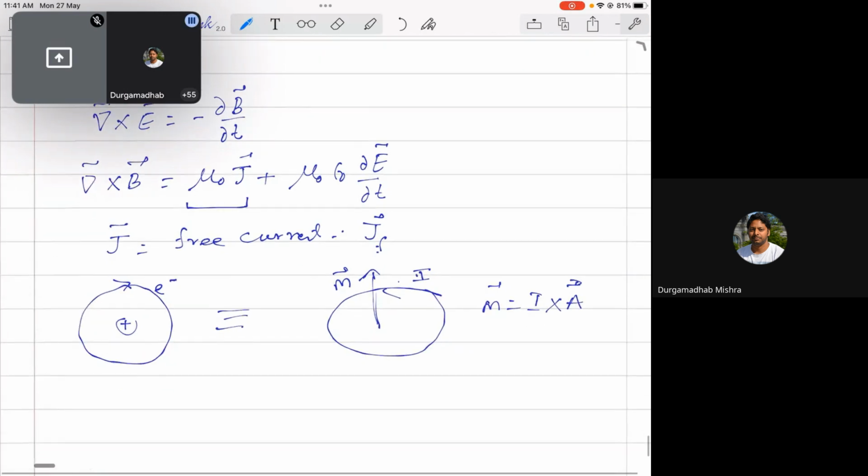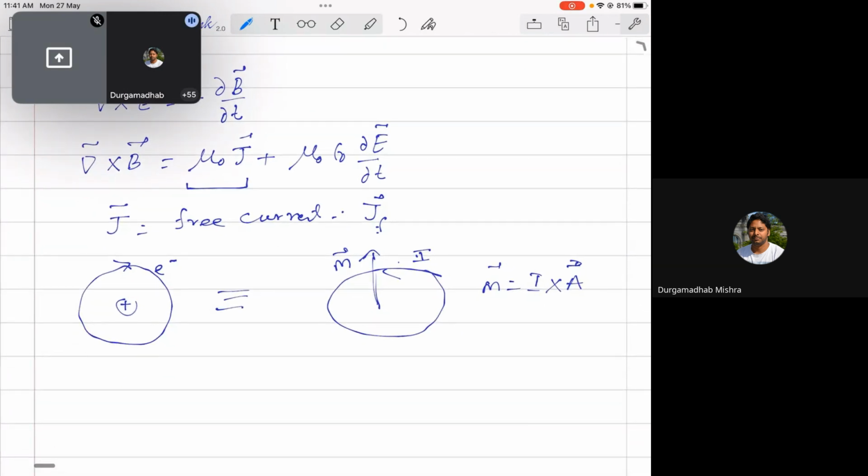Okay, so there are three types of current due to your magnetic field B and electric field E. So we can write the curl of B within a material as mu naught times JF plus J bound plus J displacement. And of course, there will be the second term, mu naught epsilon naught del E by del T.